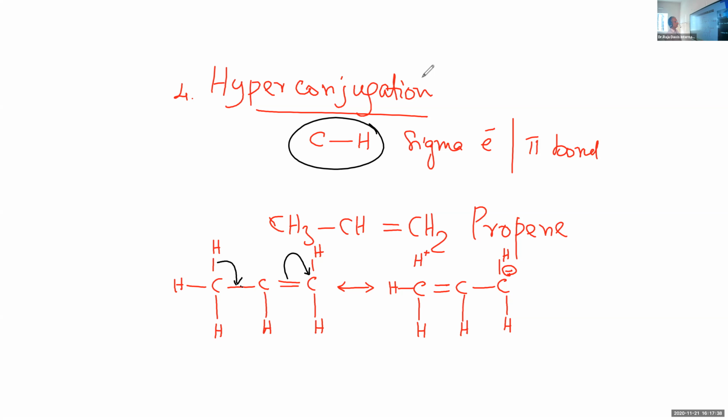And you see here, there is no actual bond between the hydrogen atom and this carbon, the first carbon atom with which it had formed a sigma bond. There is no bonding now. Anyhow, this is the structure formed. And this is called the hyperconjugated structure, the new structure formed.